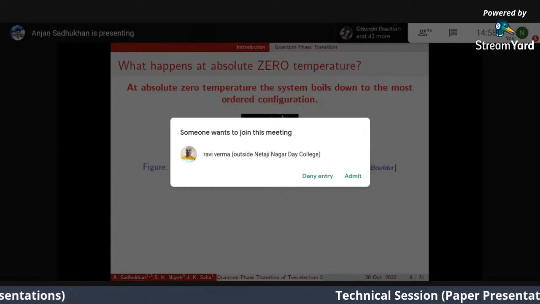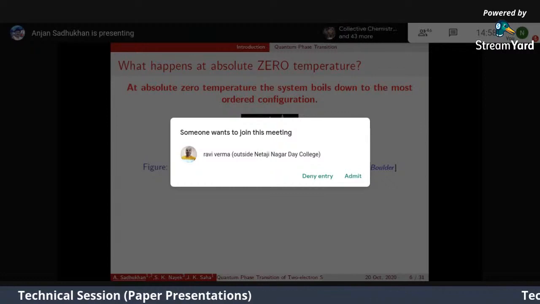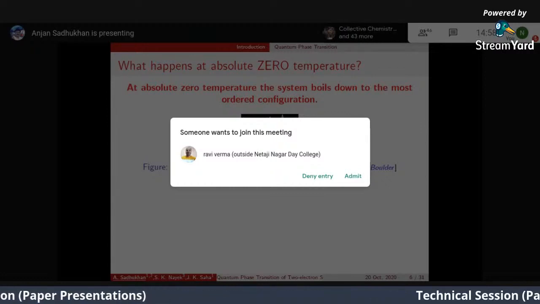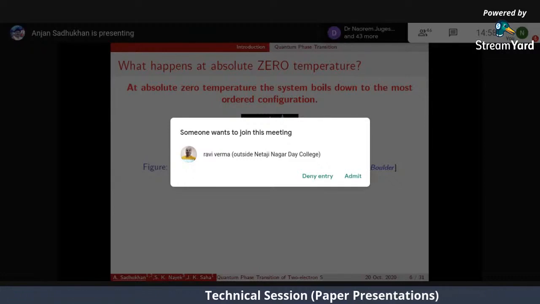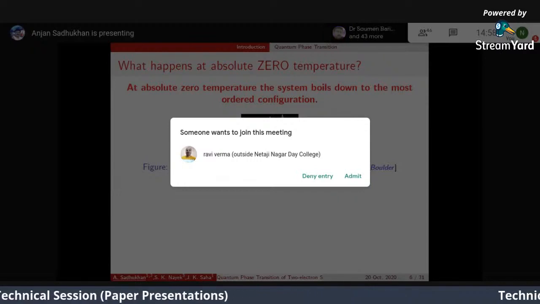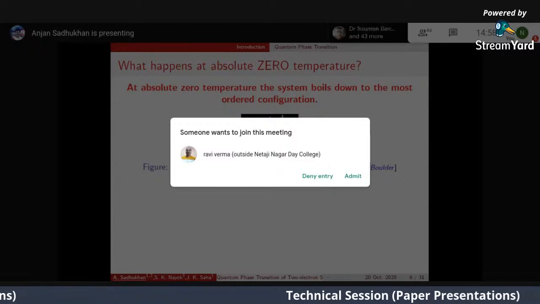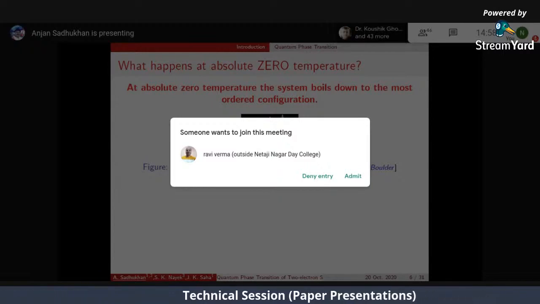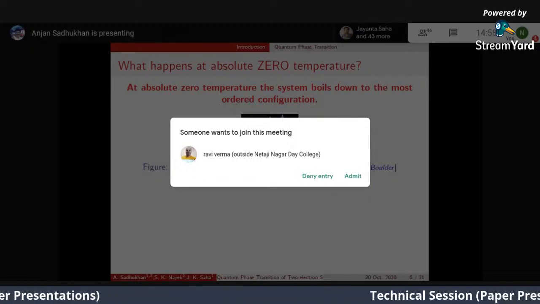This is the first experimental observation of Bose-Einstein condensate, where the velocity distribution of gaseous rubidium atoms has been shown at temperatures very close to absolute zero, which indicates that the atoms slow down and their energy decreases, and at a temperature very close to absolute zero, the atoms collectively form a different state of matter.